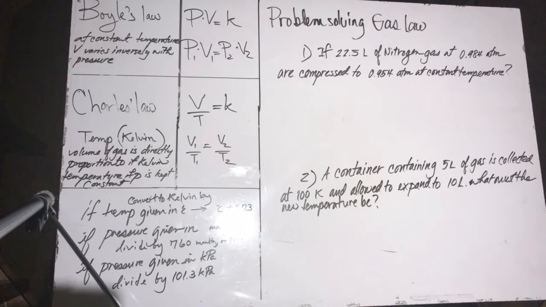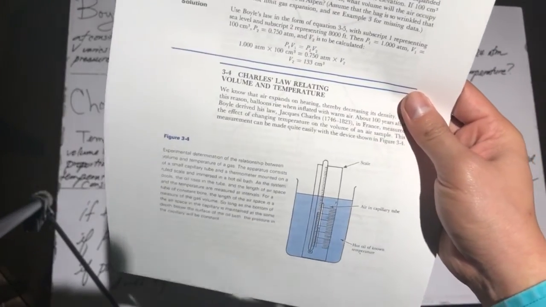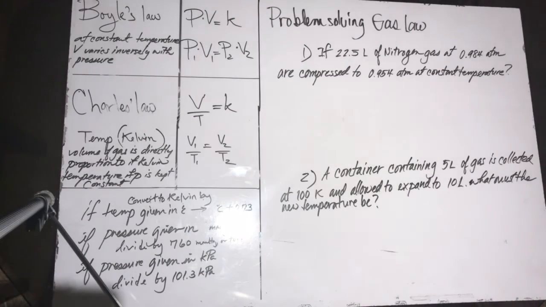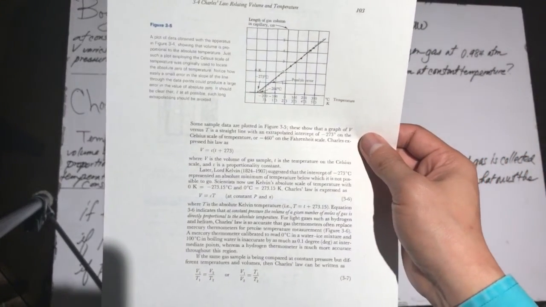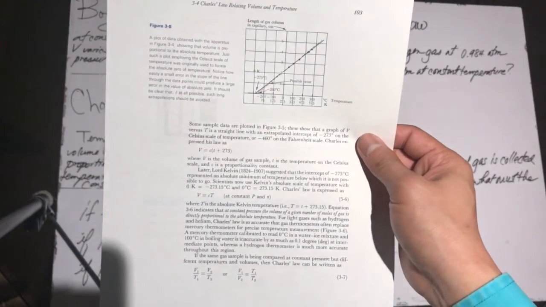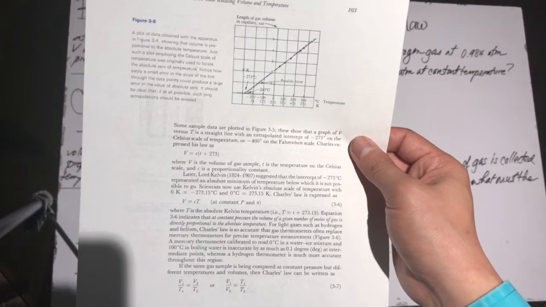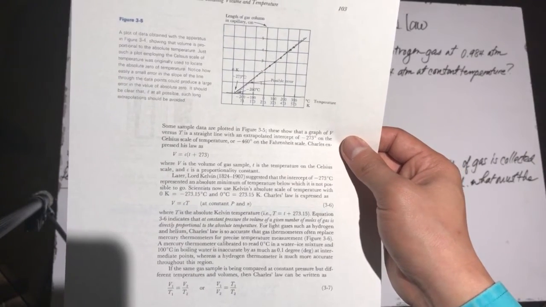For the second experiment, for Charles' law, when you read 3.4, Charles' law relating volume and temperature, pressure is constant. But the temperature must be in Kelvin. So if it is given in Celsius, you must add 273 to the initial Celsius temperature.